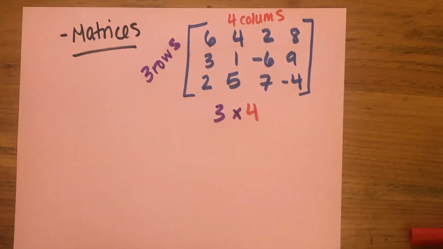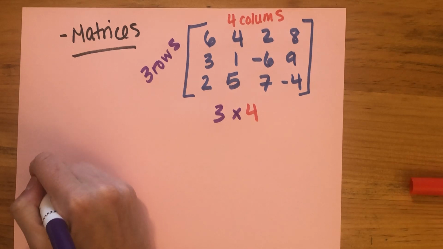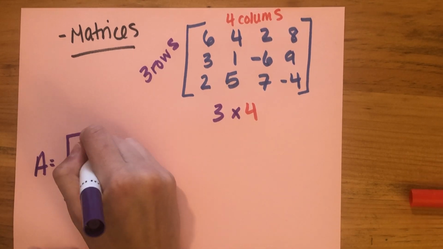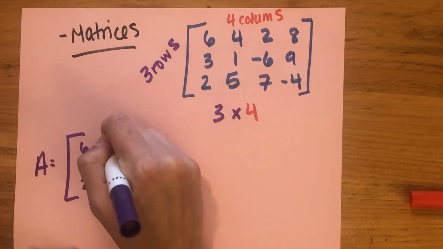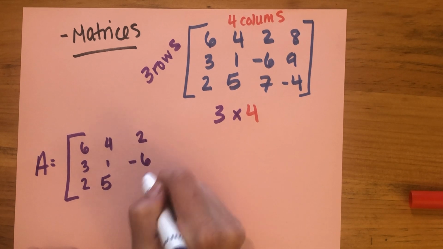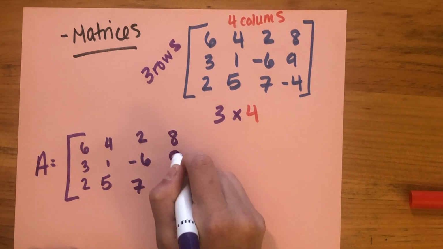And then if I said that I had matrix A is equal to 6, 3, 2, 4, 1, 5, 2, negative 6, 7, 8, 9, negative 4.